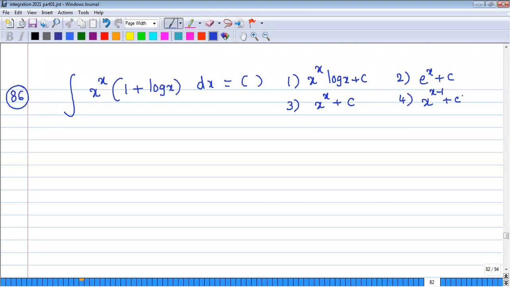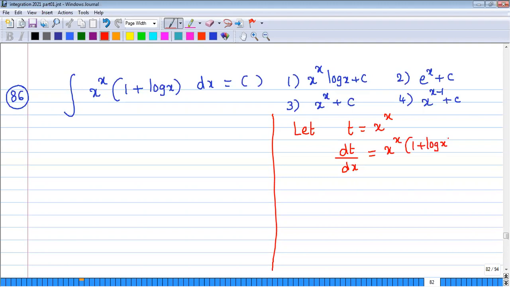Let t is equal to x to the power of x. dt by dx equals x to the power of x into 1 plus log x, derivative of x to the power of x.